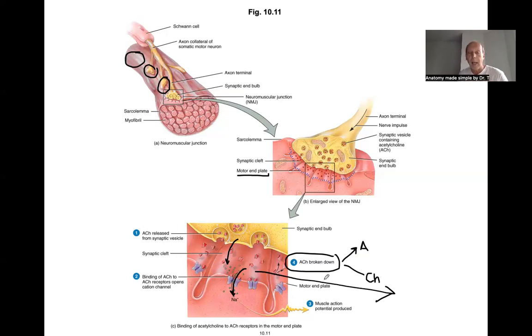Therefore, their action at the receptor practically comes to an abrupt stop. And a possible third way of getting rid of any surplus or excessive neurotransmitter is to consider it being taken back into the cell which has released it. So that is uptake by the cell.